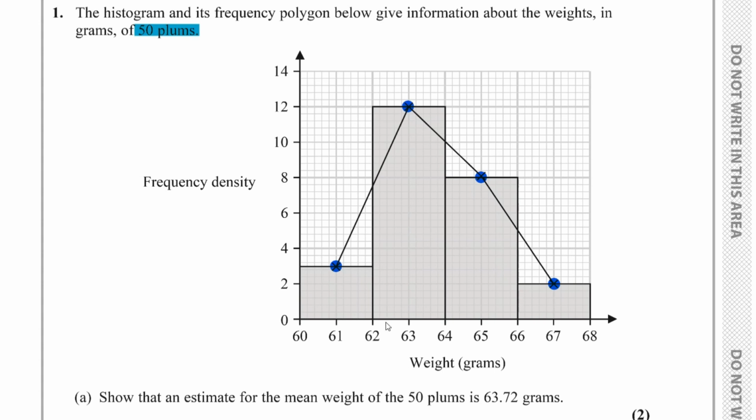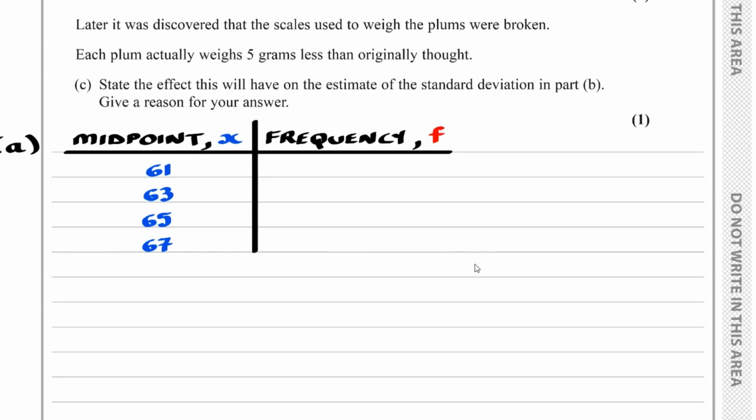So 2 times 3 is 6. 2 multiplied by 12 is 24. 2 multiplied by 8 is 16. 2 multiplied by 2 is 4. So adding the frequencies to our table, we have 6, 24, 16, and 4.